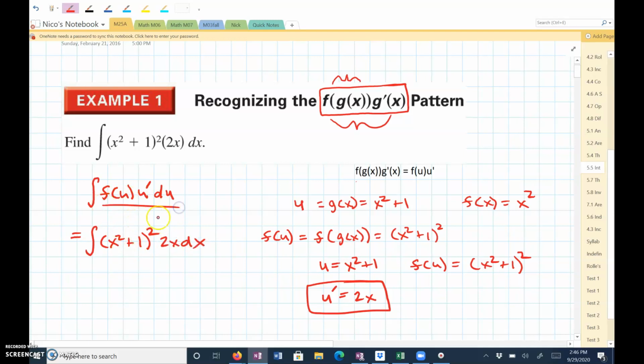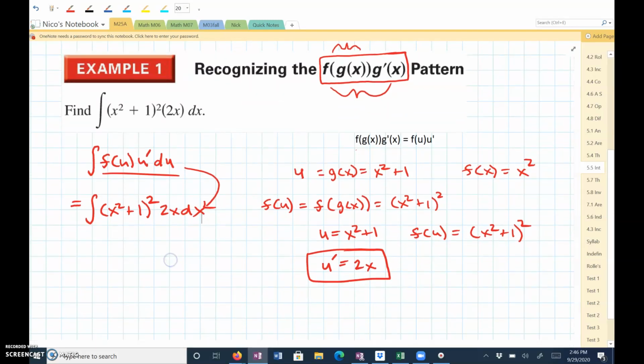Okay, so you can see how I went from here to there. Okay, so what we're going to do for this problem, notice here that this is the same thing as the derivative of u with respect to x, 2x. So I can make this du equal to 2x dx.